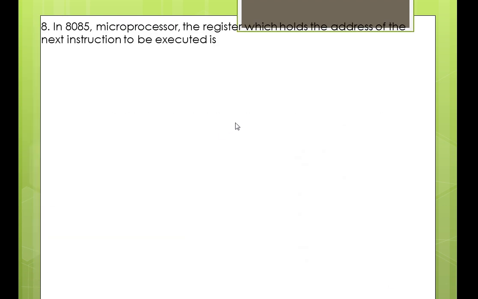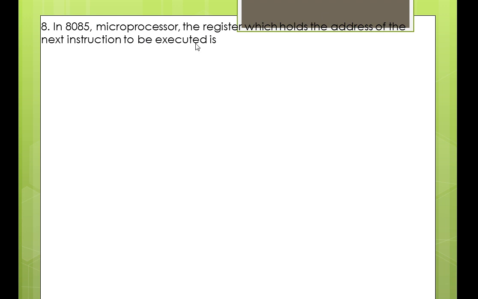In the 8085 microprocessor, which register holds the address of the next instruction to be executed?